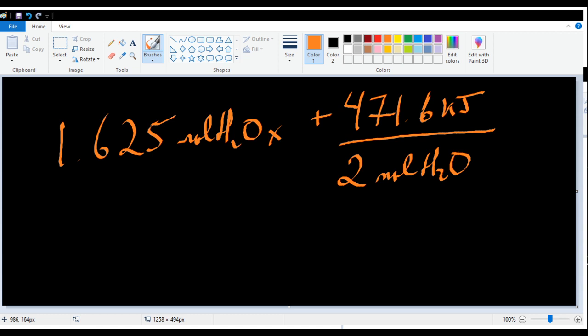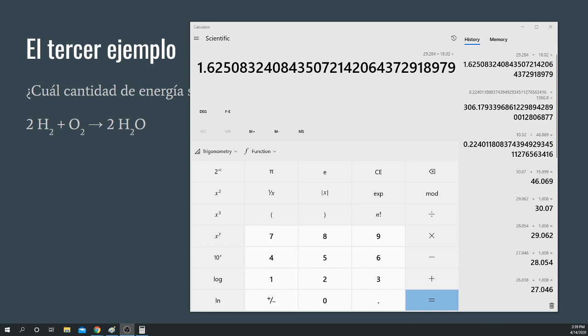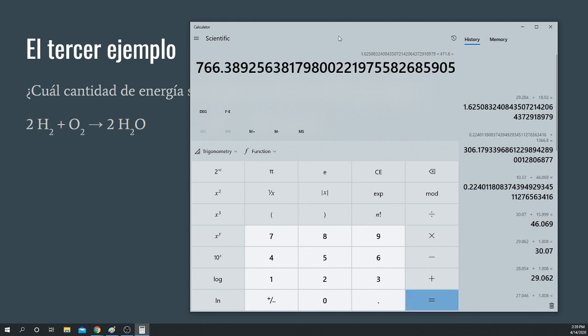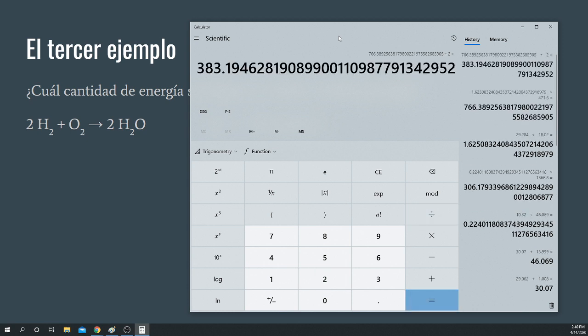Okay. So now when we do this math, we multiply by 471.6, and then we divide by 2. Okay.